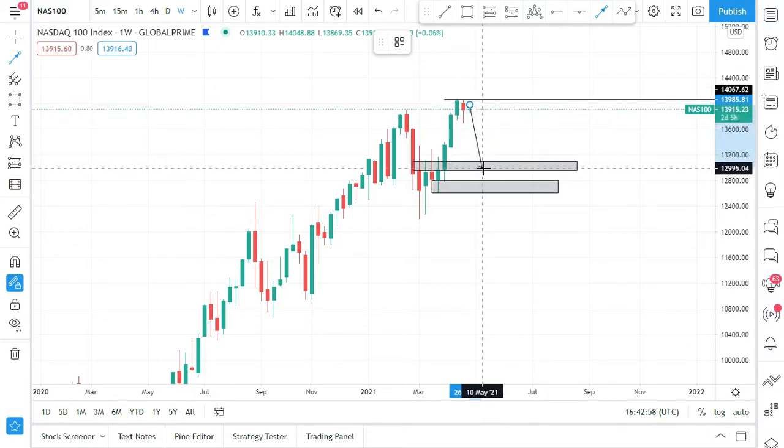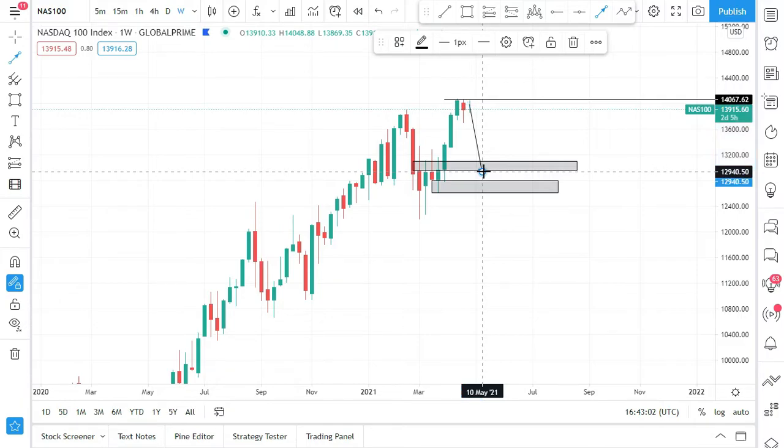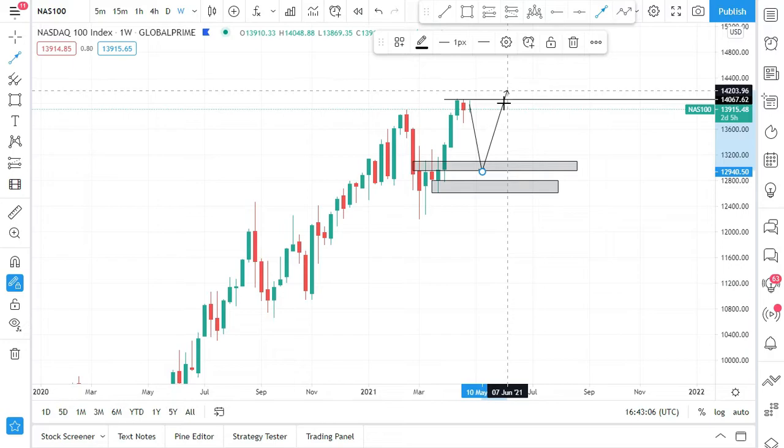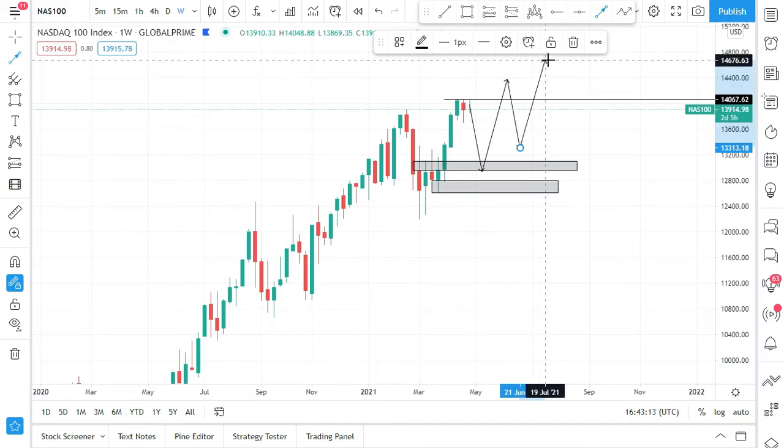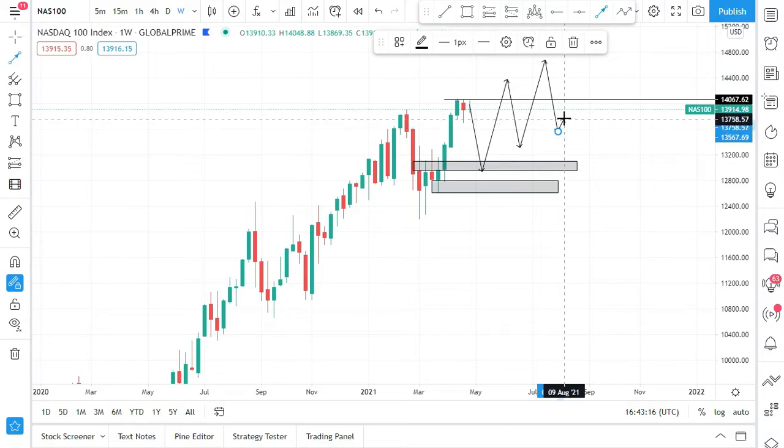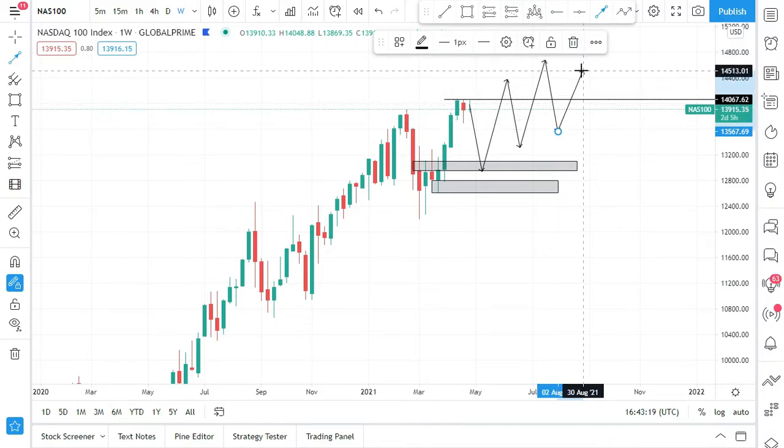It might go down, create the higher low, go back up, break this high, create another high, go down, another higher low, higher high, and so on.